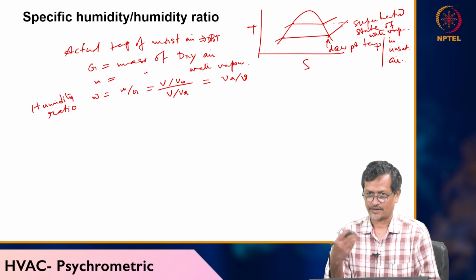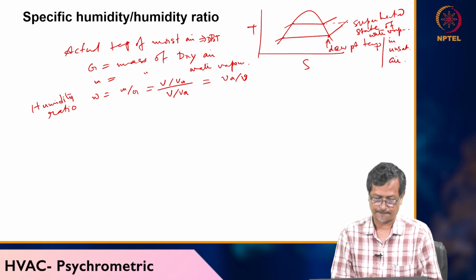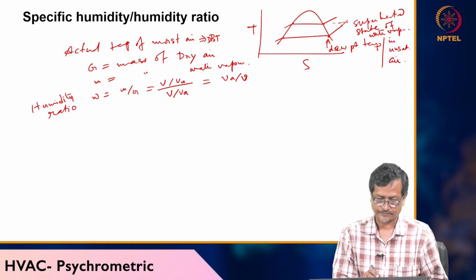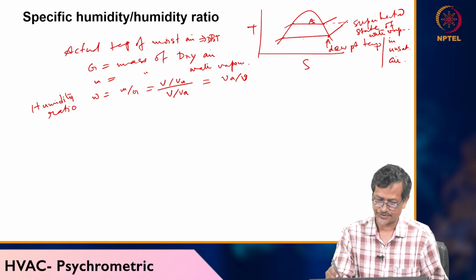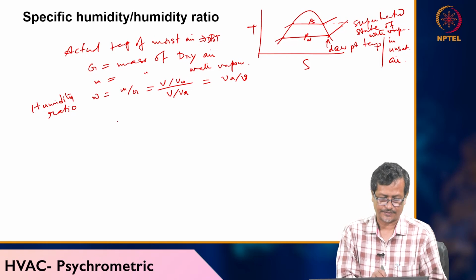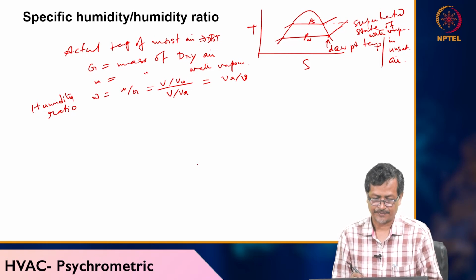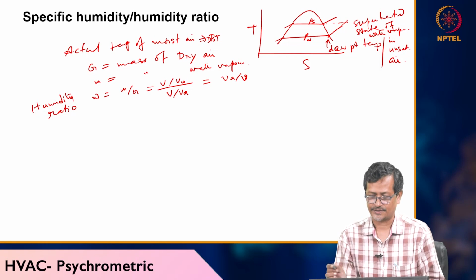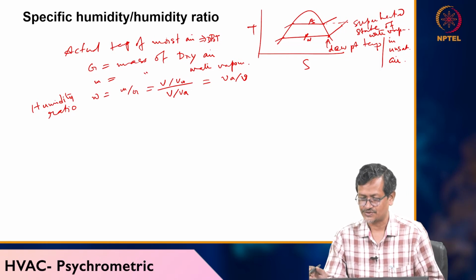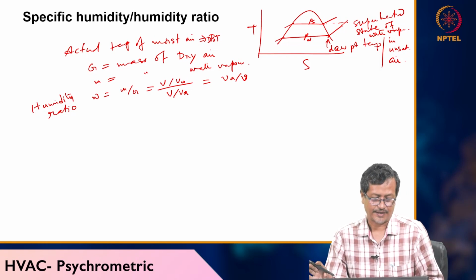So in the atmosphere, the water vapor will be in superheated state. The saturation pressure is PW. Now PW is very small, and the saturation temperature at PW is less than T atmospheric. So water vapor in air exists in superheated state, and the air is said to be unsaturated.